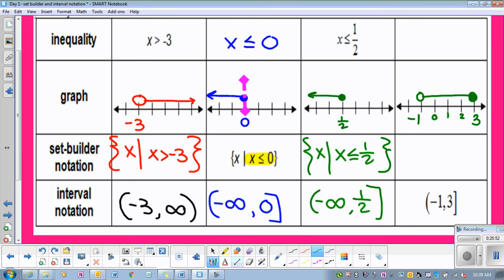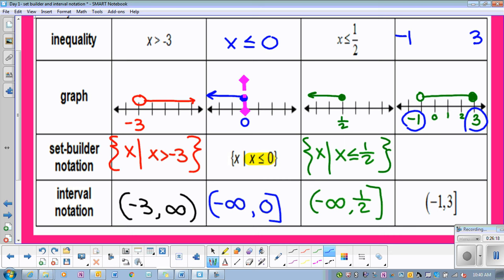Now I think the tricky part might be, how do we get the inequality? If you ever want to show a between type situation like this, because we're talking about between negative 1 and 3, here's how you do it. Put negative 1, put 3.